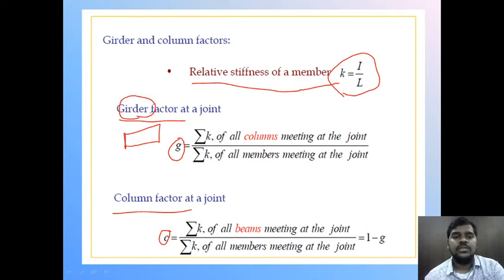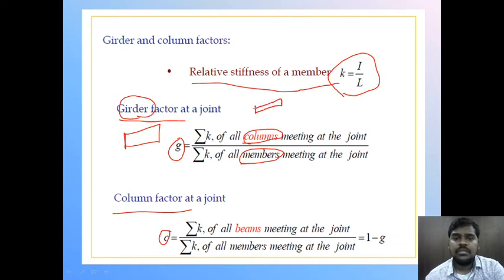That's it. So the girder factor at a joint is given by the formula: summation of K. What is that K? That is the relative stiffness of all columns meeting at a joint, divided by summation of K of all members. So this is important. We are finding the girder factor.